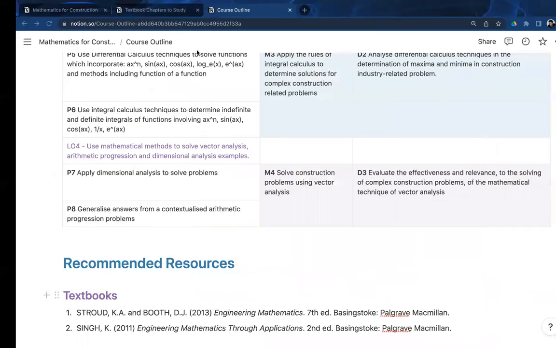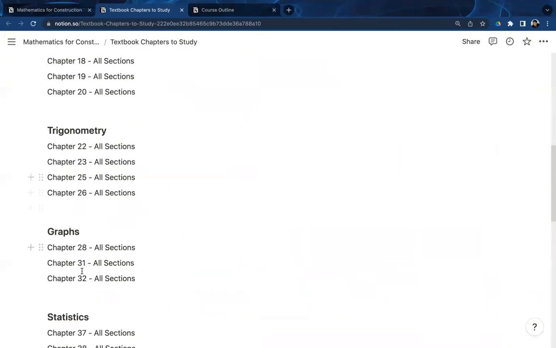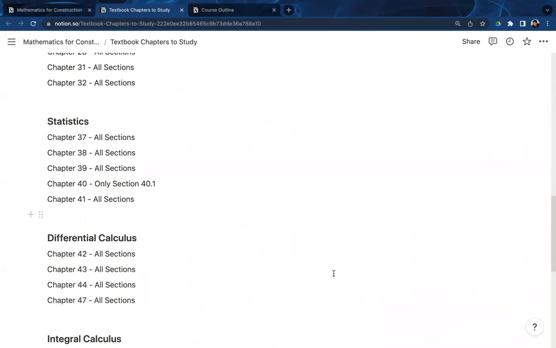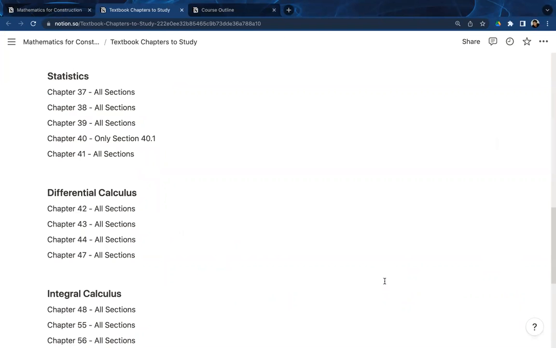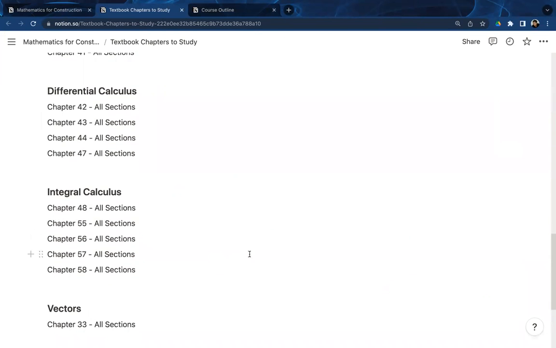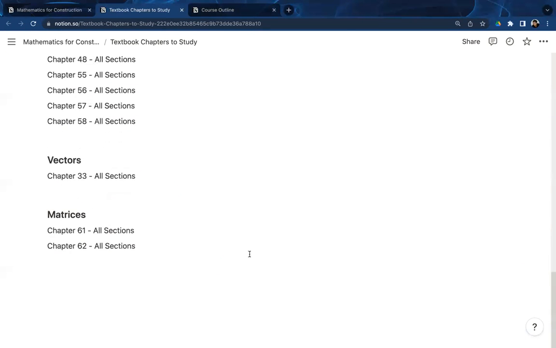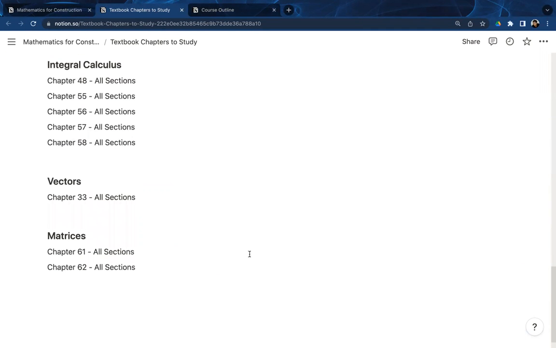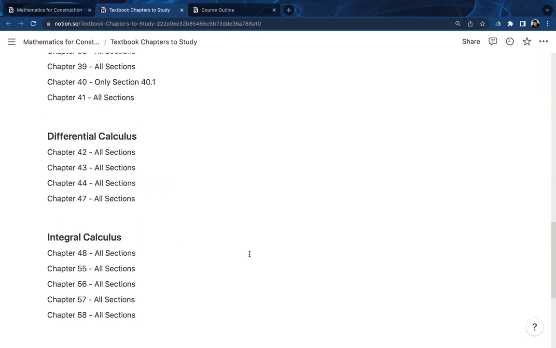Essentially, I split it up here. See the graphs. This is the statistics that you have to do. You might have to do some extra statistics that the book doesn't cover. This is the calculus here, these vectors and these matrices. So I gave you an idea what these sections are.